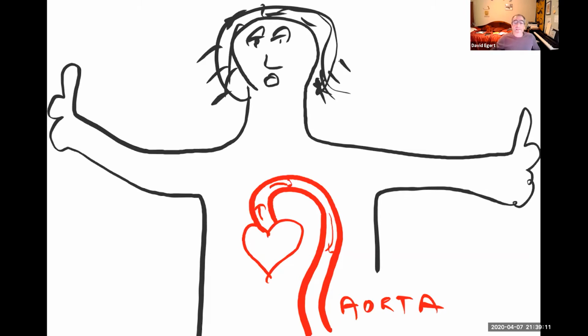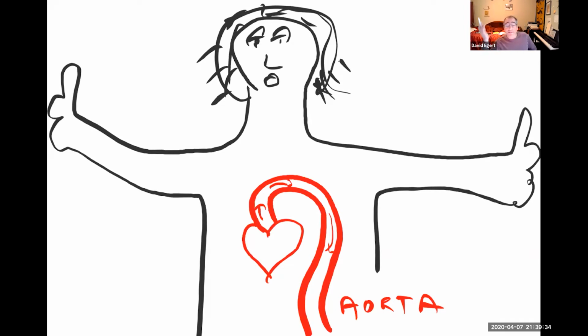All right. So there are three main vessels coming off of the aorta that supply the upper body. We're going to follow the other stuff going to the lower body in a few moments, but let's start with the main arteries that supply the upper body.